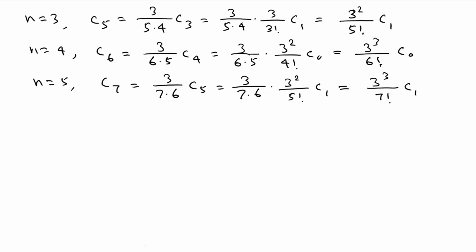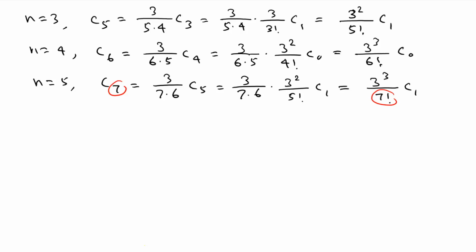You can see in general what's going to happen: you can write such a Cn, because for odd numbers you get one pattern and for even numbers another. Every time you have a factorial, the numbers match.